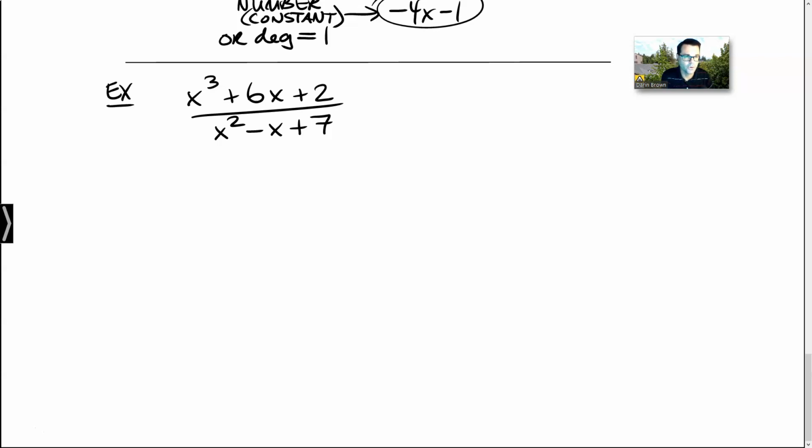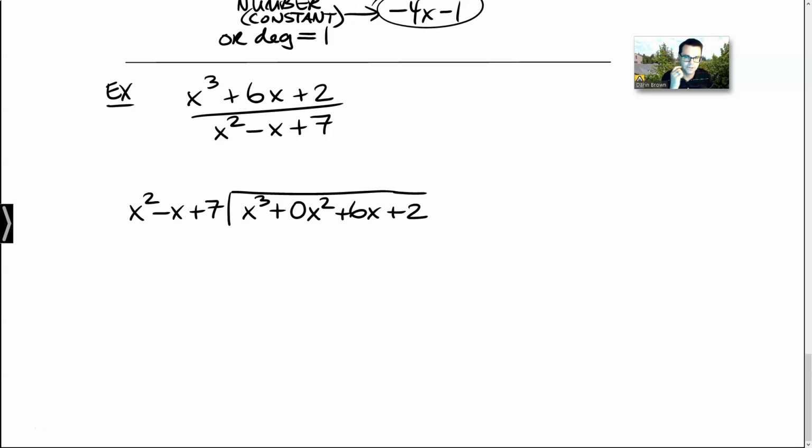Okay, hopefully you were able to do this. Let's go over it. So we're going to divide x squared minus x plus 7 into x cubed. Now, because there's a missing term in the dividend, I really need to include that 0. So plus 0x squared plus 6x plus 2.